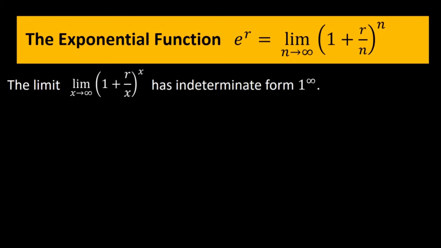The limit has an indeterminate form. You see, the base, 1 plus r over x, goes to 1 as x goes to infinity. The base is going to 1. So 1 to any power is 1, right? So that tends to pull the expression down to 1. However, the exponent x is going to infinity, and that tends to raise the expression up towards infinity.